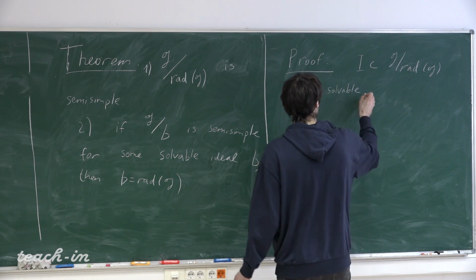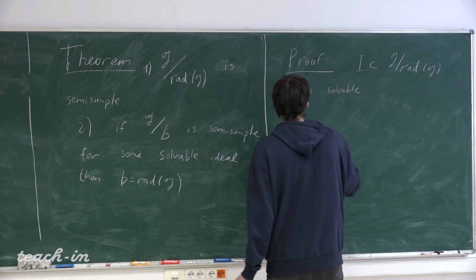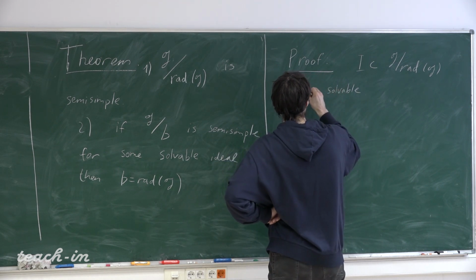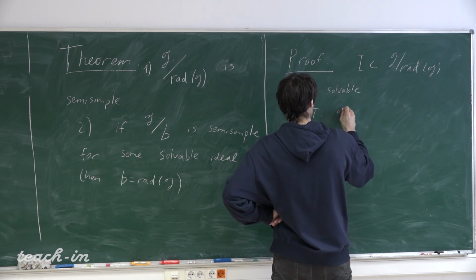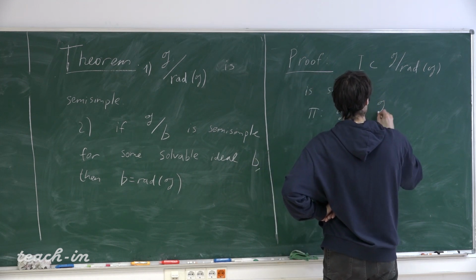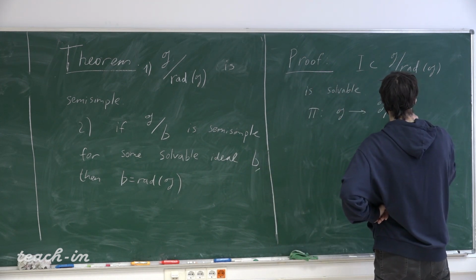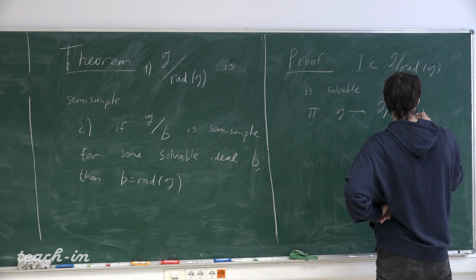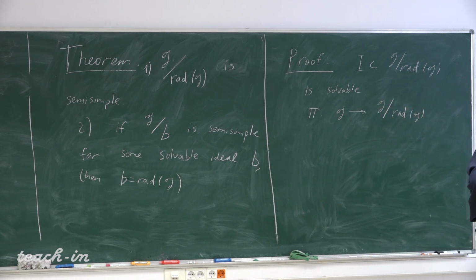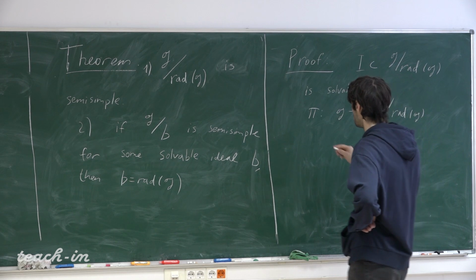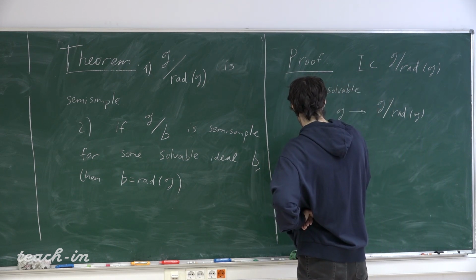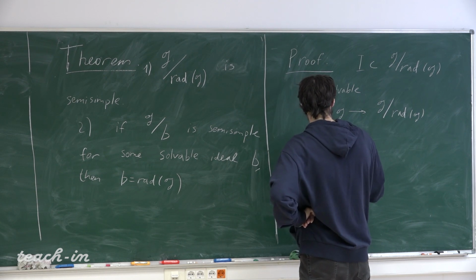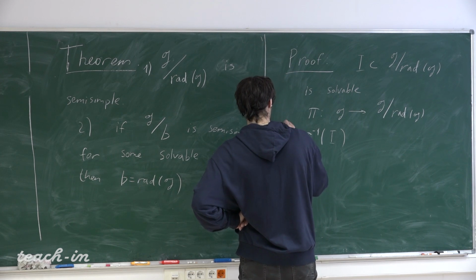So how do I do this? I have a canonical projection from G to G by radical G, and let me take pi inverse of I, call it I tilde.